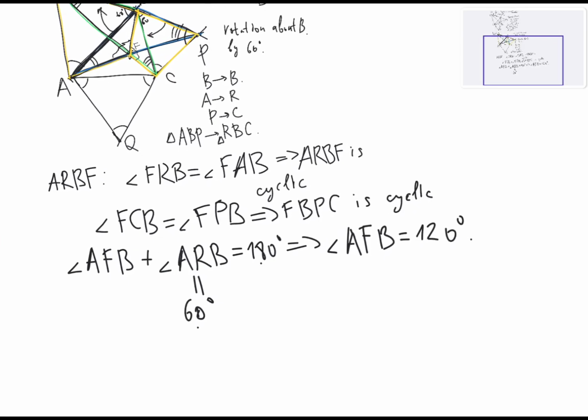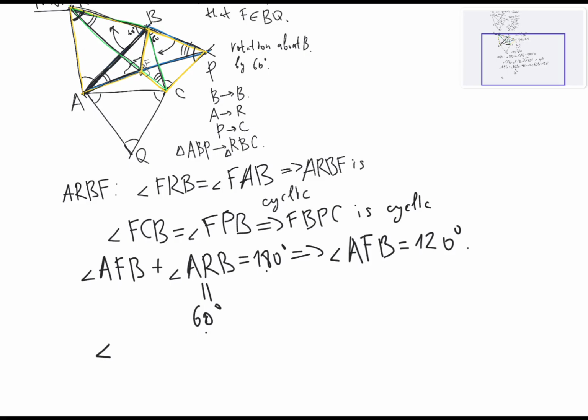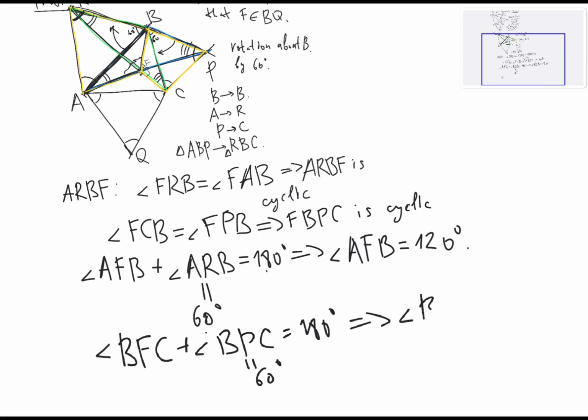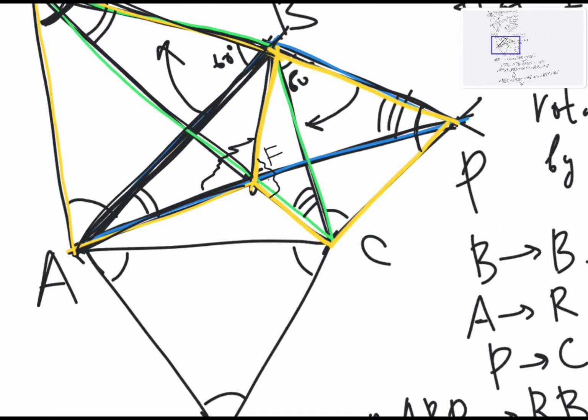So the second yellow quadrilateral is also cyclic, therefore the angle BFC plus the angle BQC is equal to 180 degrees. This is 60 degrees. Therefore, the angle BFC is equal to 120 degrees. So this angle is 120 degrees and this angle is 120 degrees.